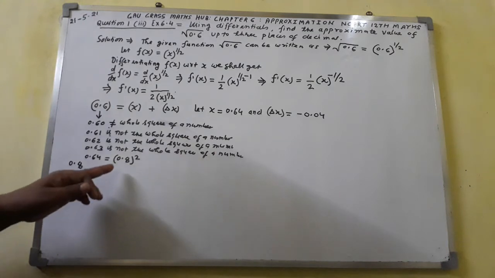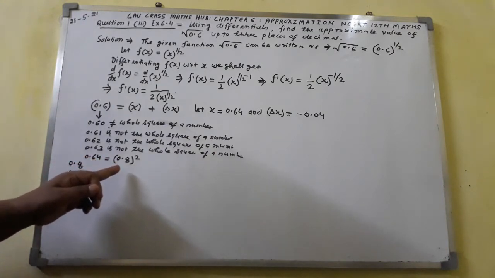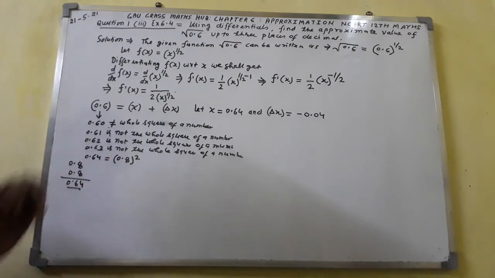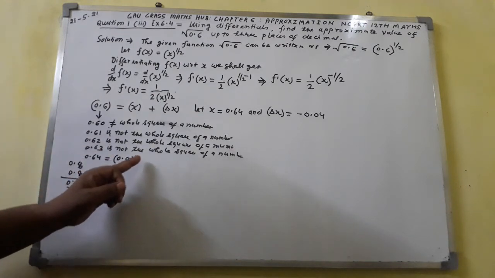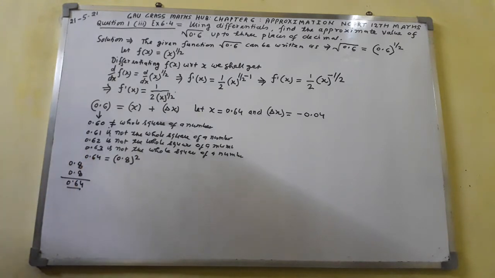So here we have got 0.64 will be the whole square of 0.8. 0.8 का whole square comes out to be 0.64. This is the rough work.